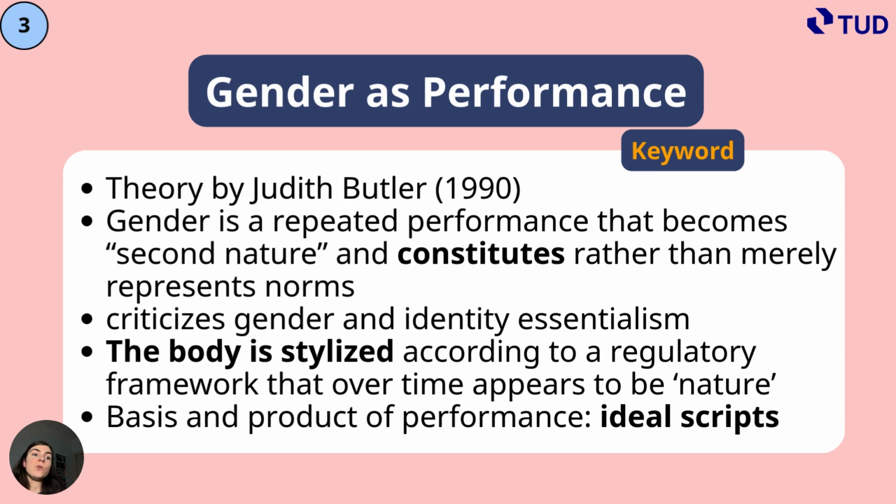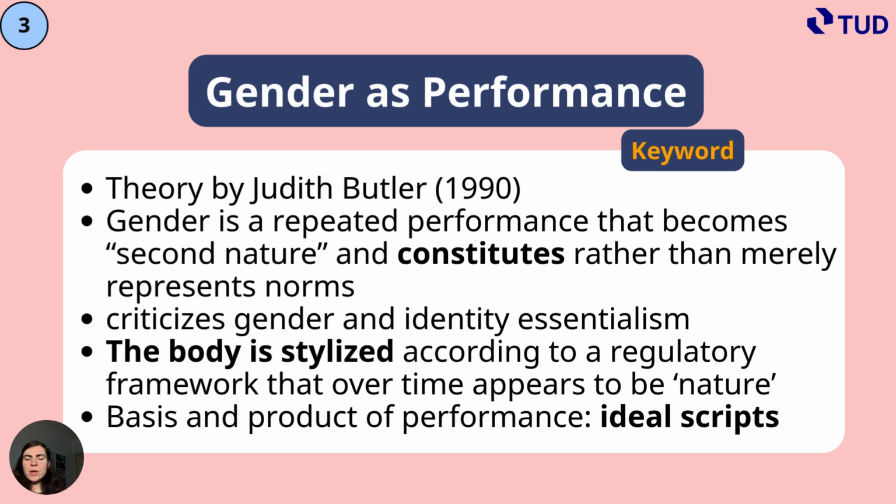We can say that gender norms are a work in progress. They change according to what people do at a certain point in time with regard to gender identities: how they behave, how they perform, and how they stylize their body, which clothes, which behaviors, which expressions are assumed to be related to certain genders.